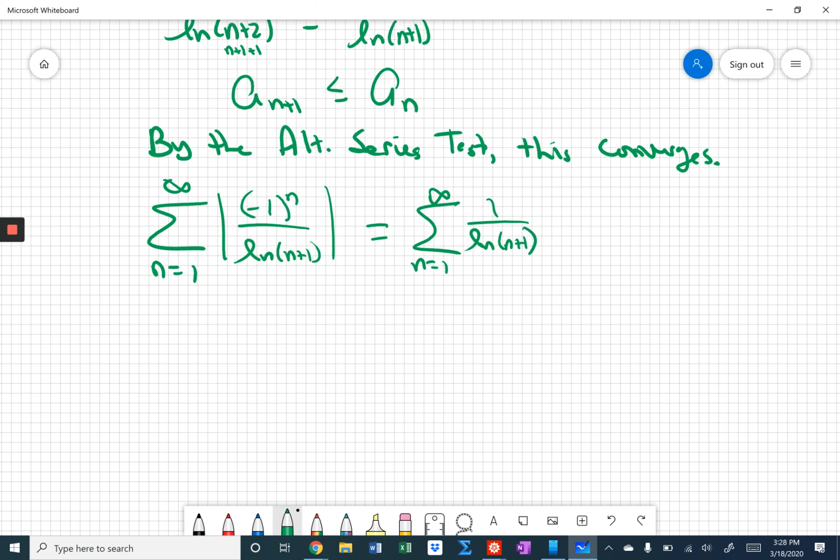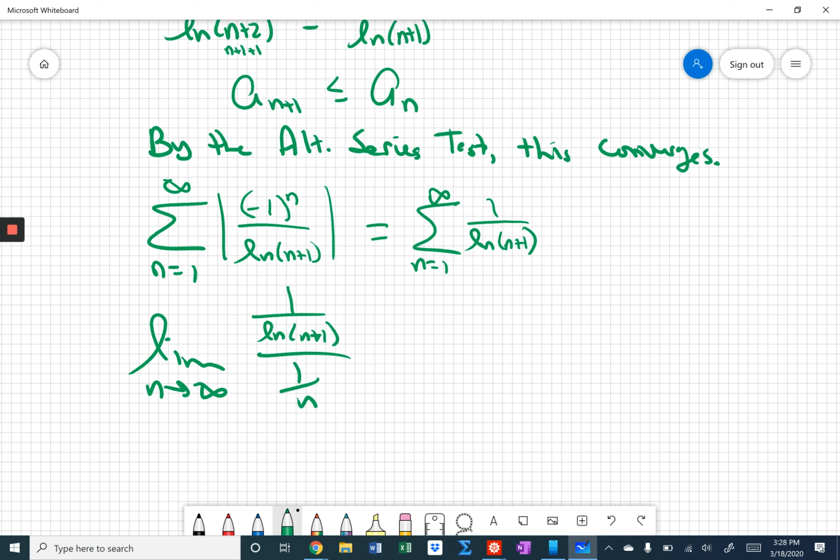I could start using some of the tests from the previous section here. You could probably start looking to form some sort of basic comparison test relationship. But I'm going to go right into, because I kind of know how this is going to work out, I'm going to compare this to the harmonic series.